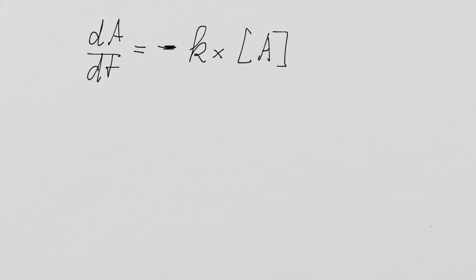And this time it is 1. The rate order is 1. I'm not asking you what you would call this reaction, because it's pretty obvious. This would be a first order reaction.